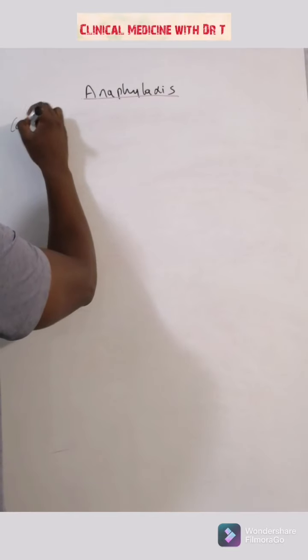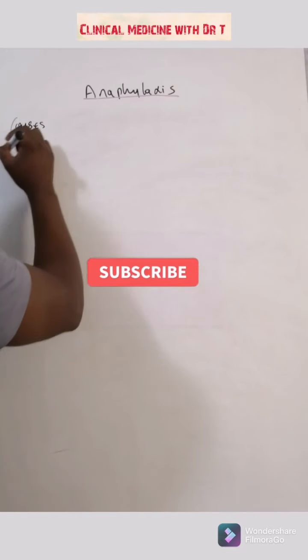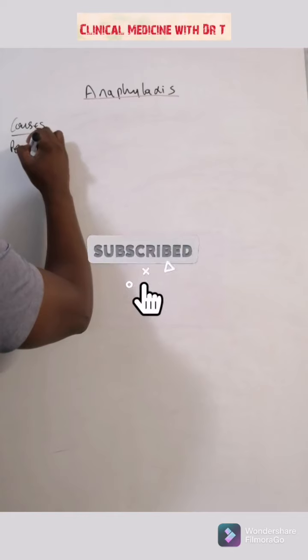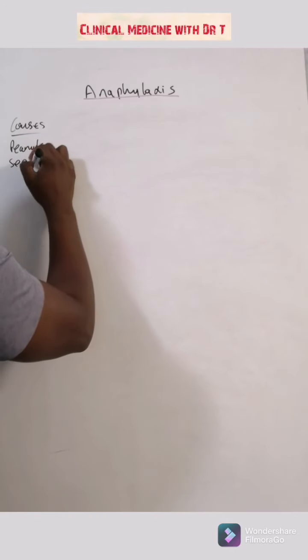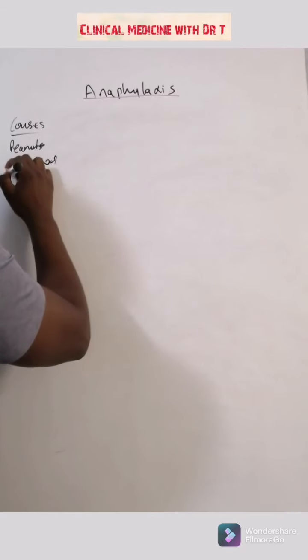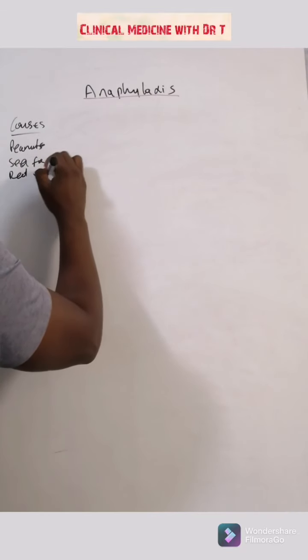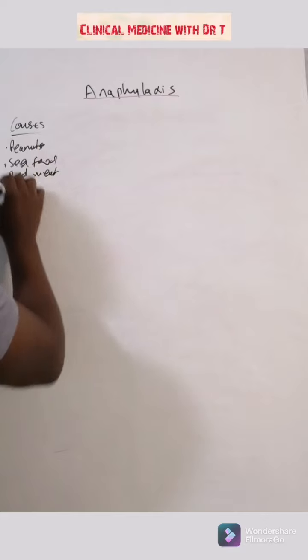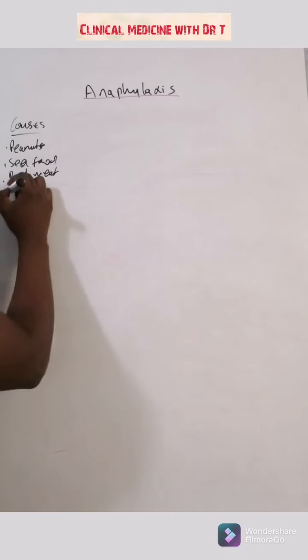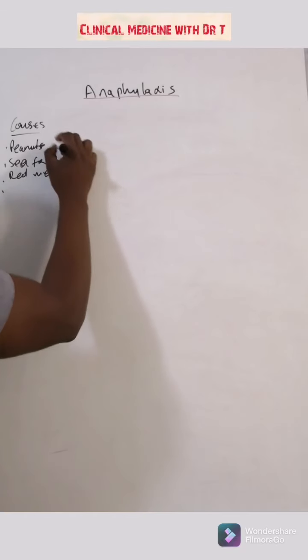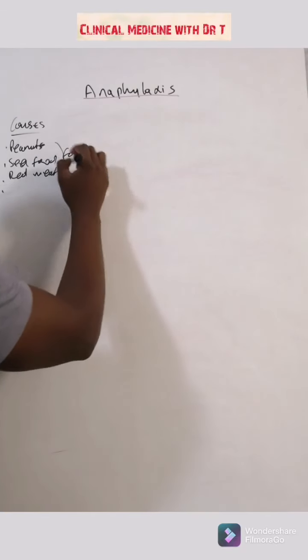About the causes, the most common causes, like your peanuts, your seafood, red meat, and the other types of food as well. Then things that are not food, these are food allergies, right?